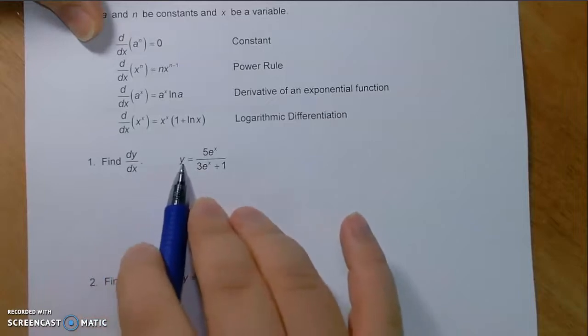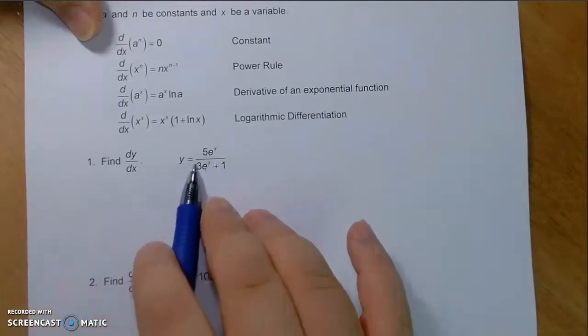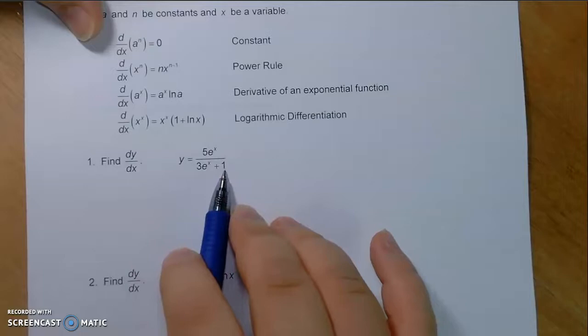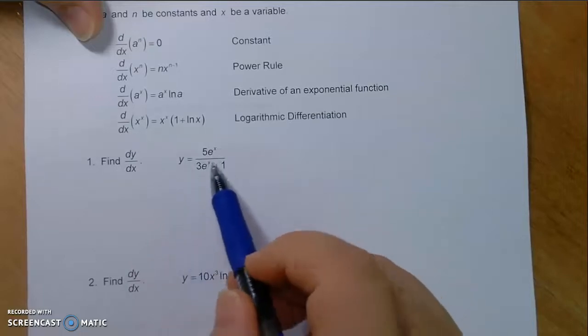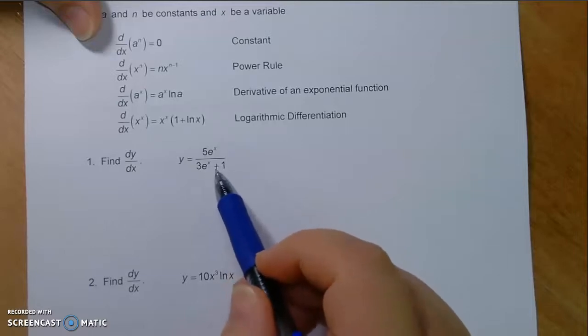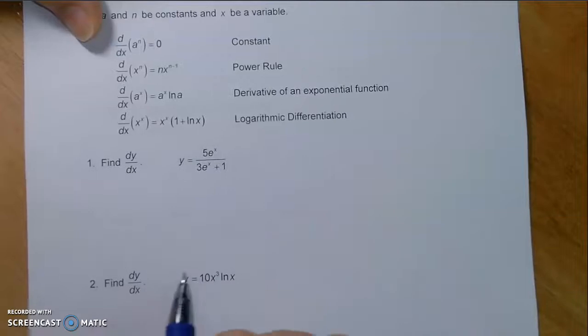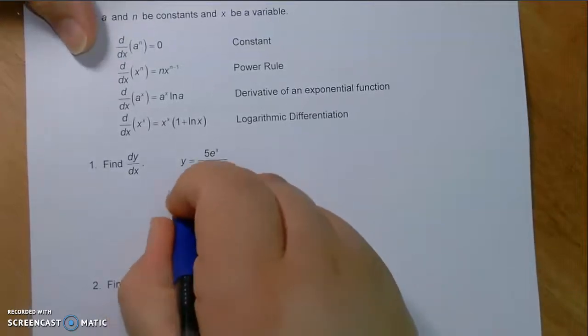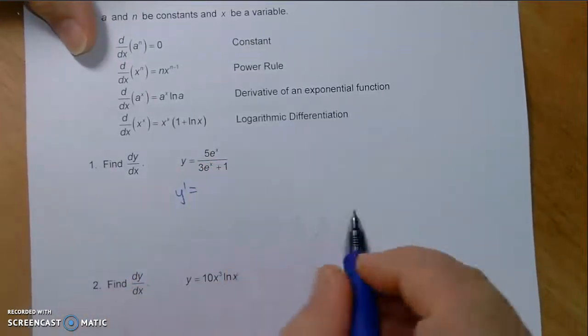We need to take the derivative of y equals 5 times e to the x over 3 e to the x plus 1. You can, of course, take this denominator and make it be times 3 e to the x plus 1 to the negative 1 power and do the product rule. I'm just going to go ahead and do the quotient rule as it's written here.